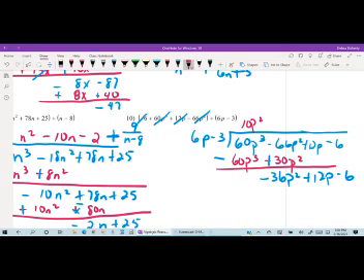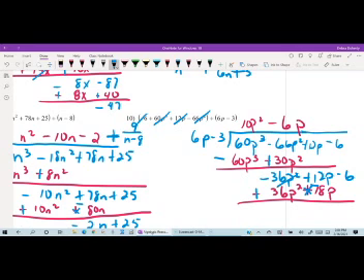Okay. Now, I need to multiply by negative 6p to get p squared. Okay, so negative 36p squared. Negative 6 times a negative 3 will give me a positive 18p's, and then we're going to change our signs again.